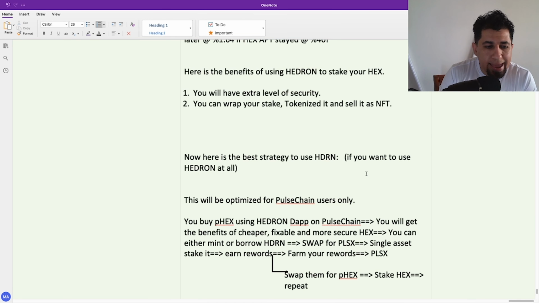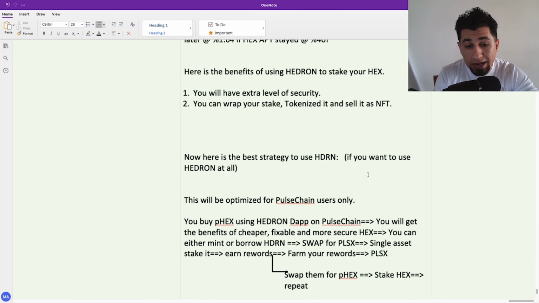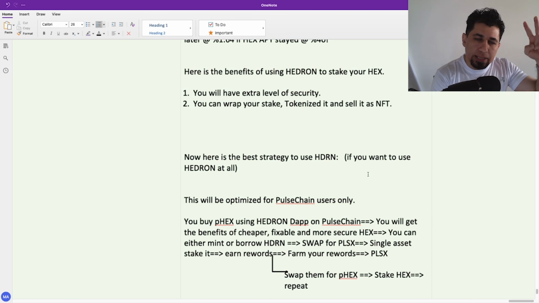Here's what you need to do. You will buy HEX on PulseChain using HEDRON DApp, right? You will get the benefits of cheaper, flexible, and more secure HEX that way. You can take that, either mint or borrow HEDRON, and swap it with PulseX. You take that PulseX and stake it in a single asset pool to earn rewards, and in this we have a split strategy.